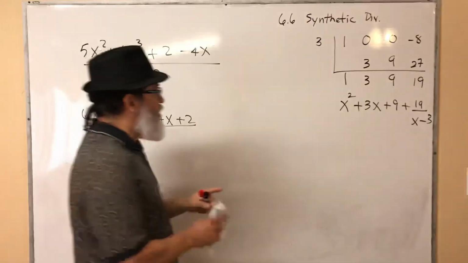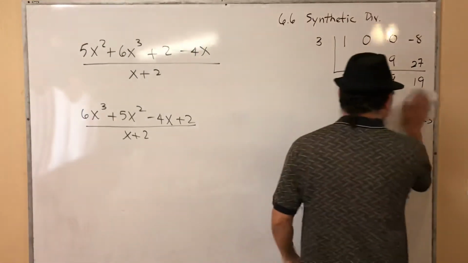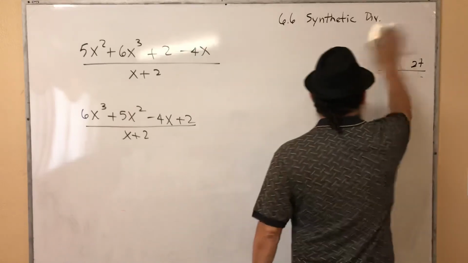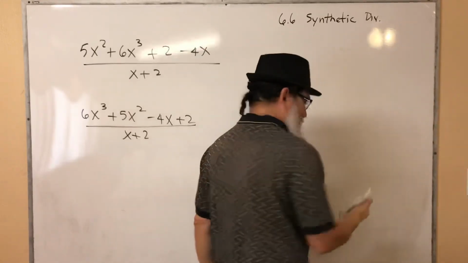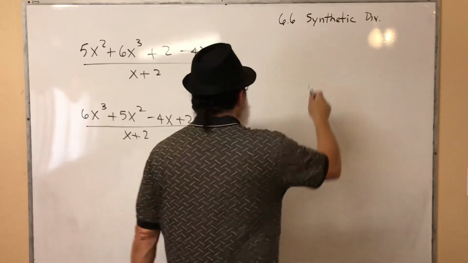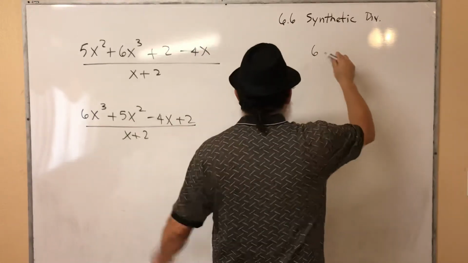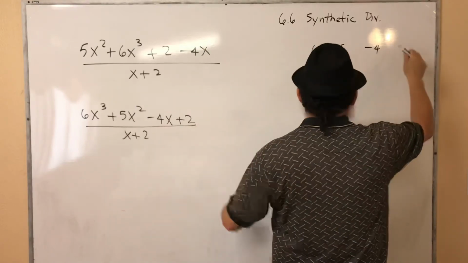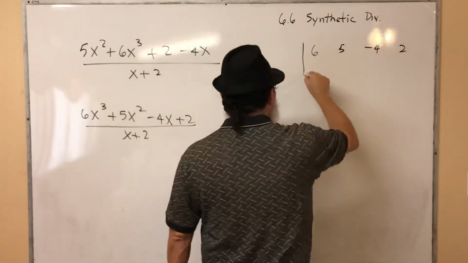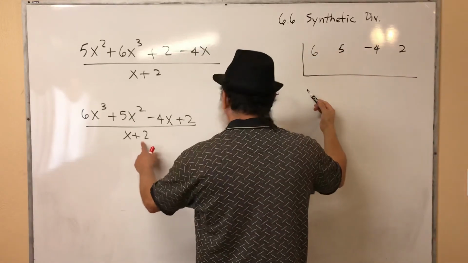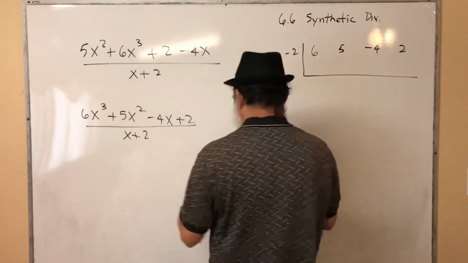Okay. We're ready to do synthetic division. Erase all of this. So watch this. Take the 6, take the 5, take the negative 4, and take the 2, and do synthetic division, and take the opposite of this number. Opposite, minus 2.